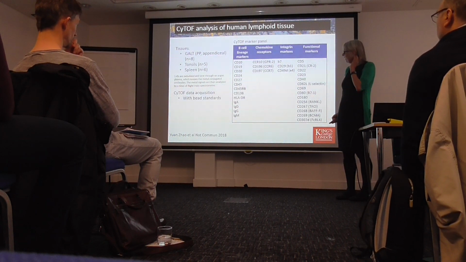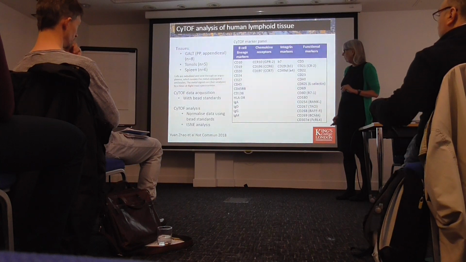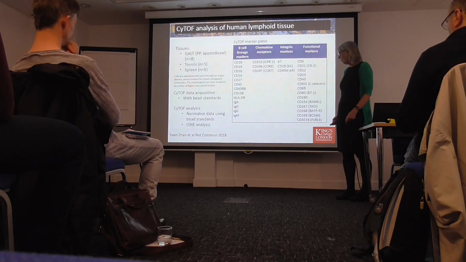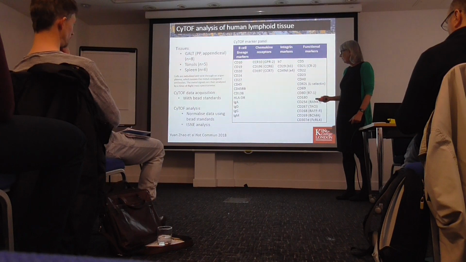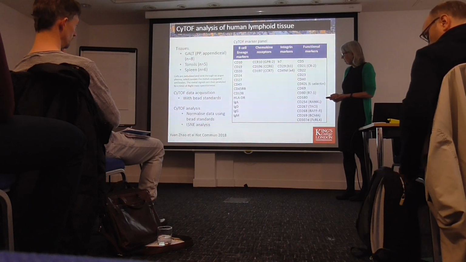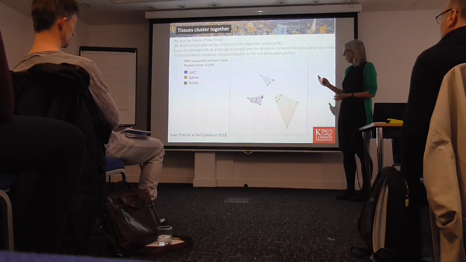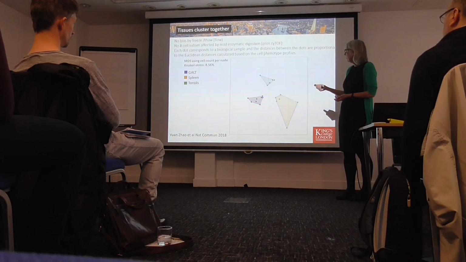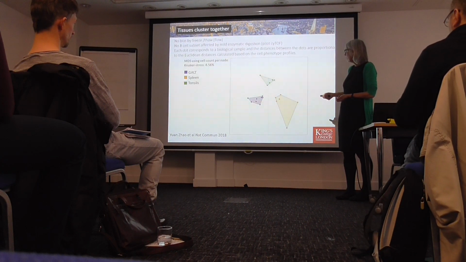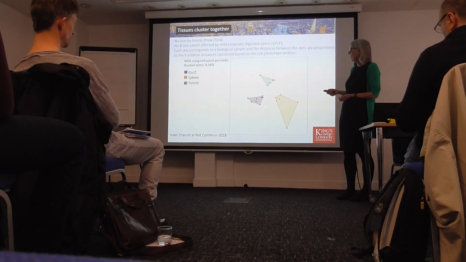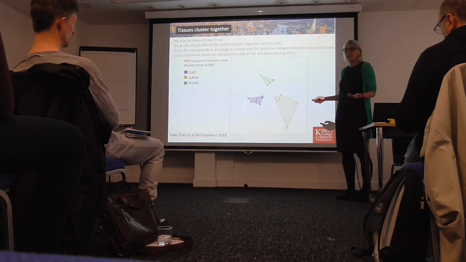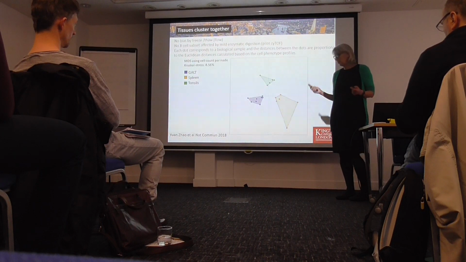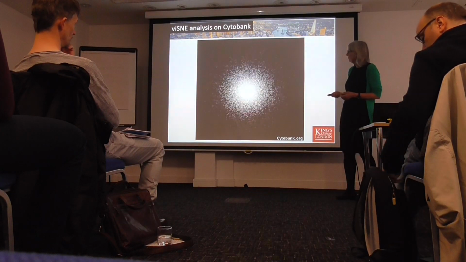So we acquired the data with bead standards and undertook other quality control, and then performed analysis. So we checked that the different tissues would segregate together when they were analysed by multidimensional scaling, and that all seemed reasonably sound, so we were happy that our data is reasonable quality, and we took it from there.